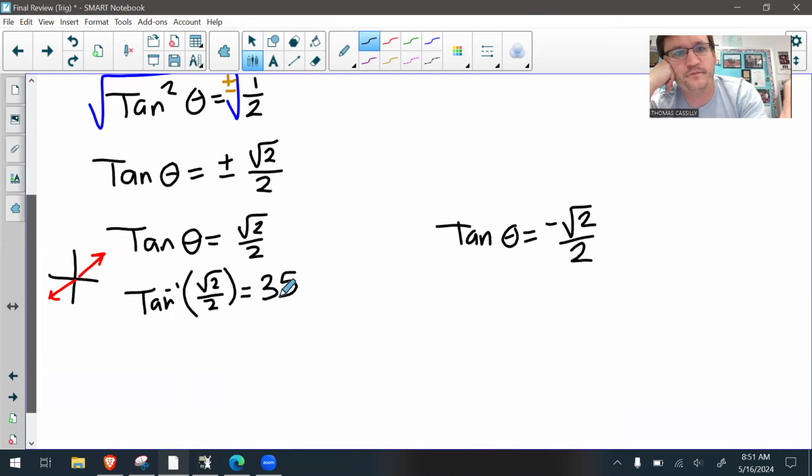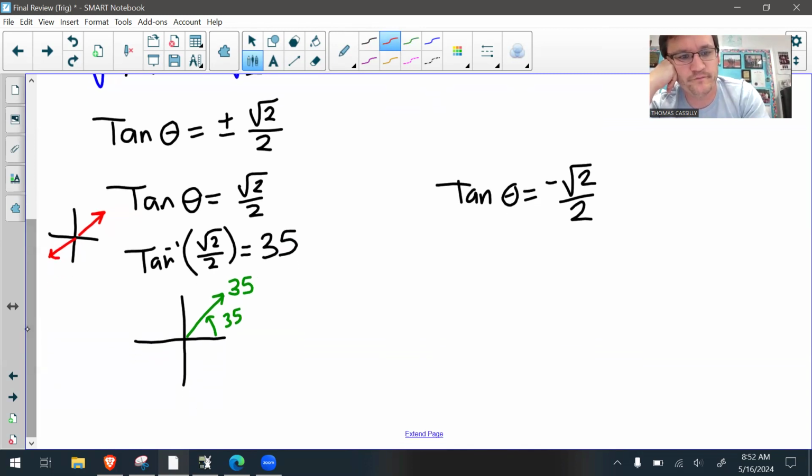All right, so if we think about this chart, we have one that is a 35-degree angle. So in this case, that 35 is one of our answers, and it's our reference angle. So we have to use that to help us figure out the other one. All right, so this is 35 degrees beyond 180.